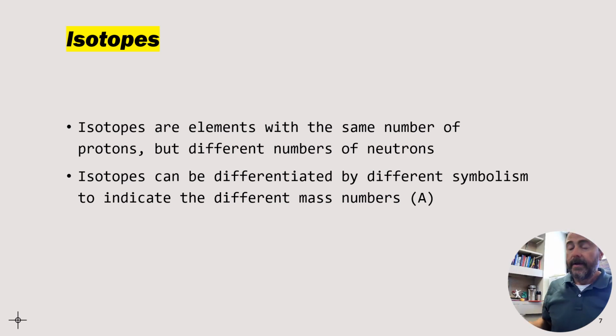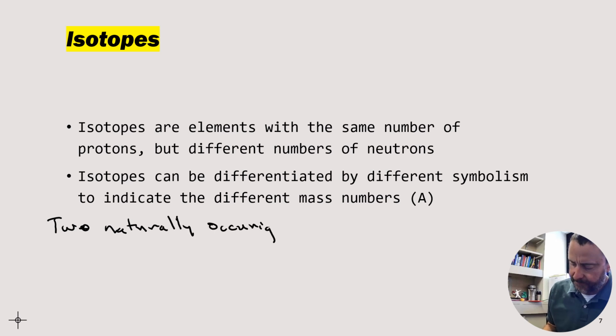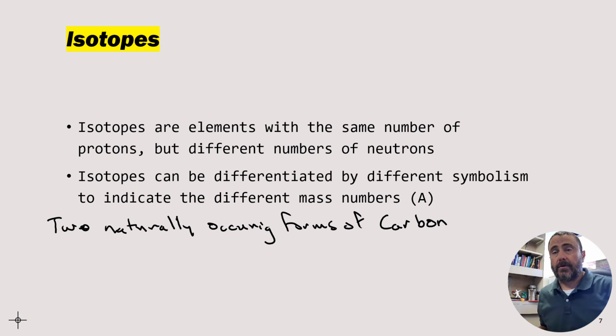So here we're changing the number of neutrons. When we have these, there are, say, two naturally occurring forms of carbon.